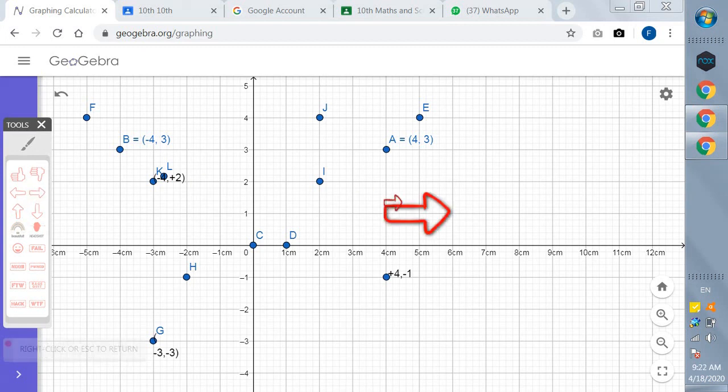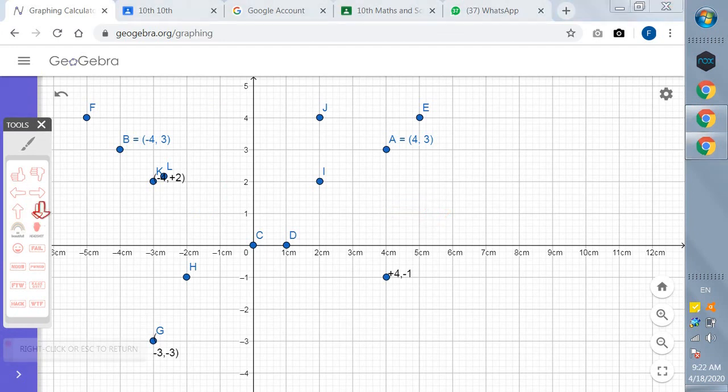Where is the first quadrant? First quadrant is here. What you see is the value of x is positive, value of y is also positive. Alright, so in the second quadrant, value of x is negative, value of y is positive, which is visible here. So x is negative and y is positive.